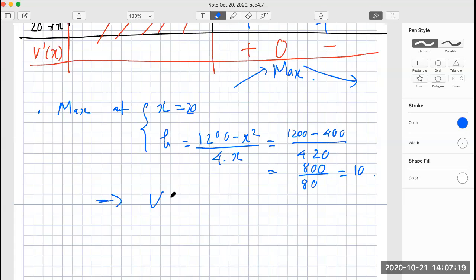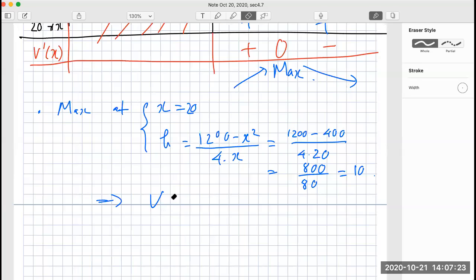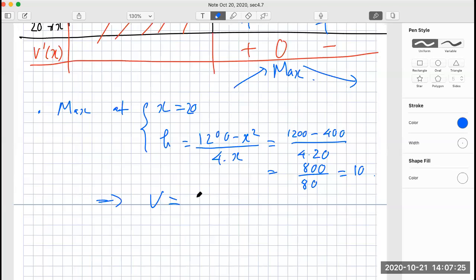So at this, the volume of this will be x squared times 8, which will be 20 squared times 10. It will be 4,000, right? Makes sense now. Centimeter cube.